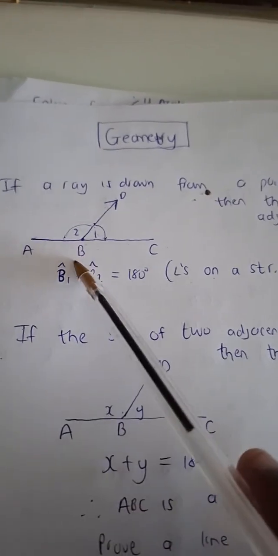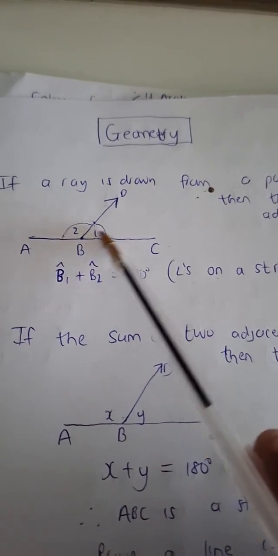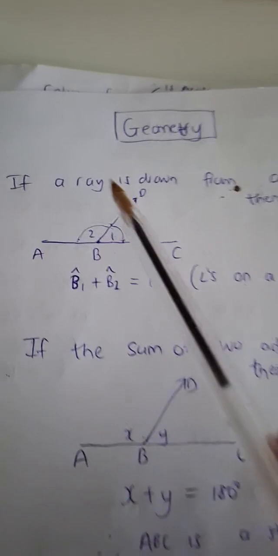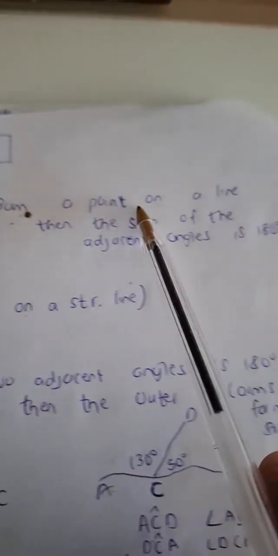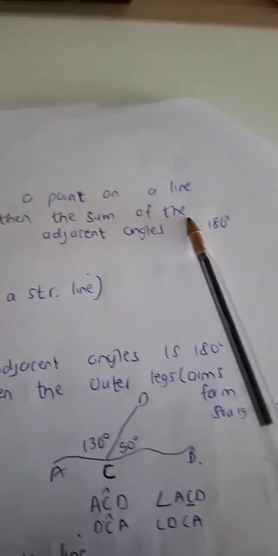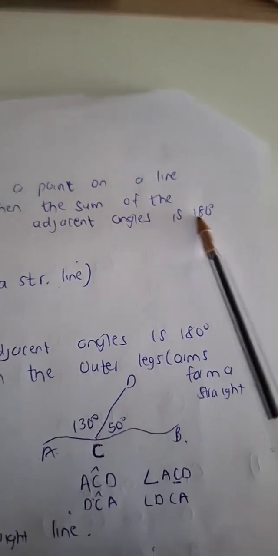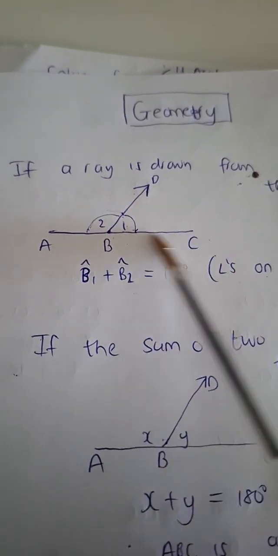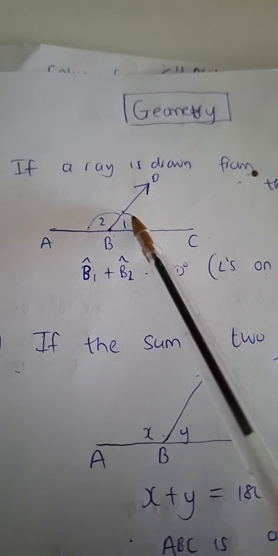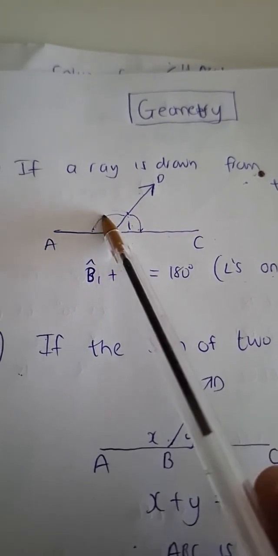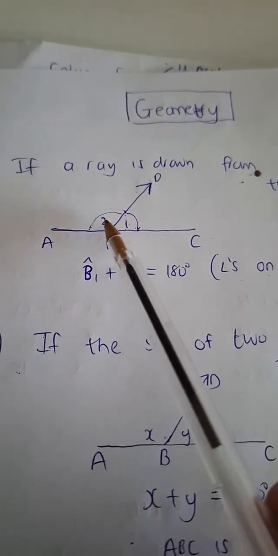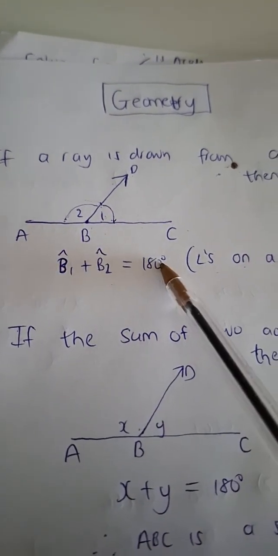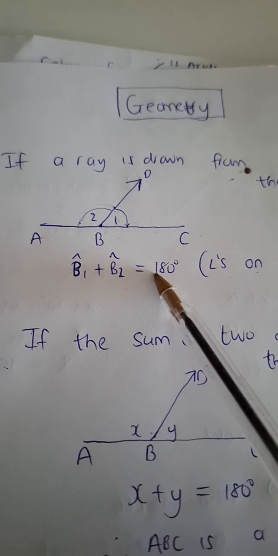You know, the fact that angles on a straight line: if a ray is drawn from a point on a line, then the sum of the adjacent angles is 180 degrees. Okay, so if we have a nice line and two angles next to each other, then we said that the sum of those two angles is 180 degrees.